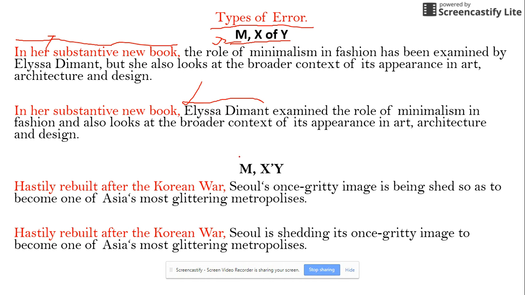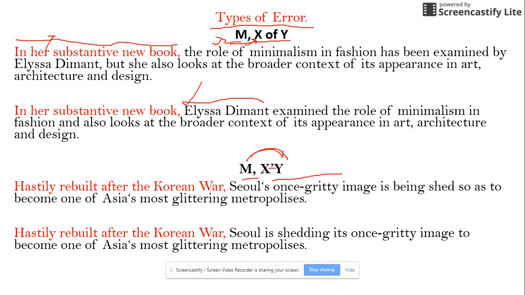Second, modifier x apostrophe y. In such a case, it modifies y. Remember, modifier x of y, here it modifies x. So we have to check whether it is correct or not. In the case of x apostrophe y, the modifier modifies y. Again, we have to check whether it's correct or not. So here, look: hastily rebuilt after the Korean War, Seoul's once gritty image.